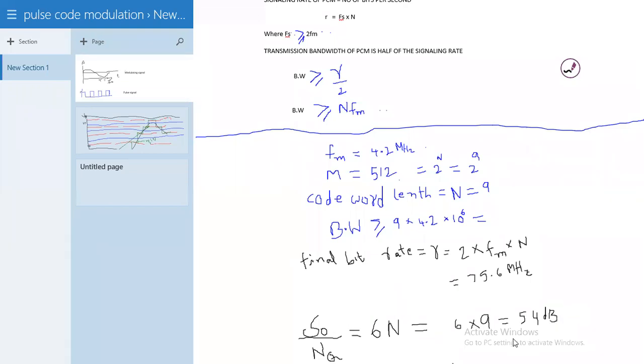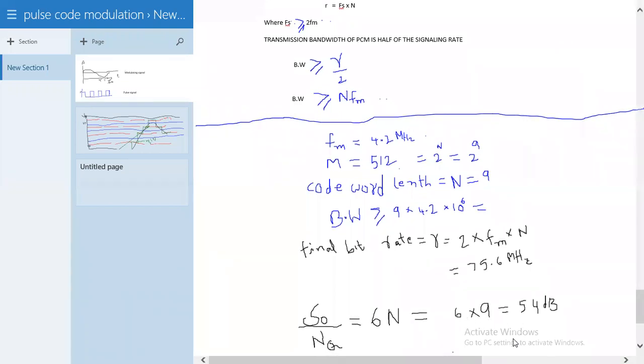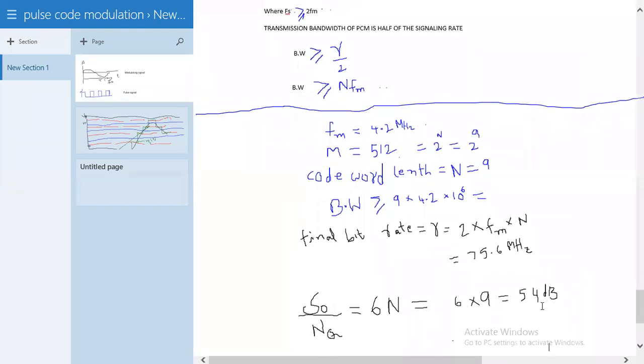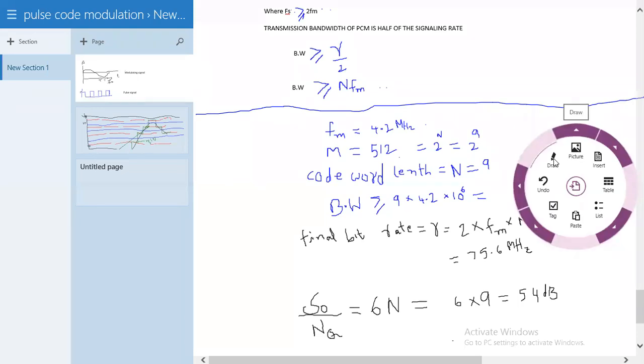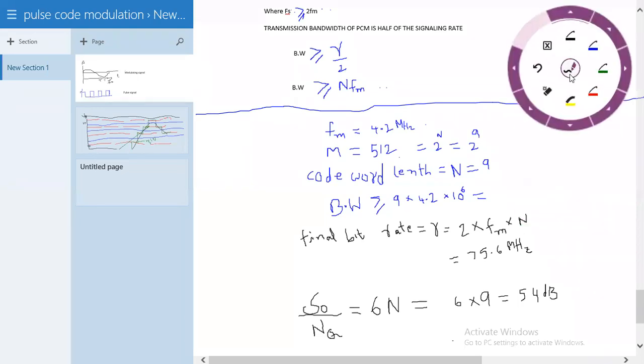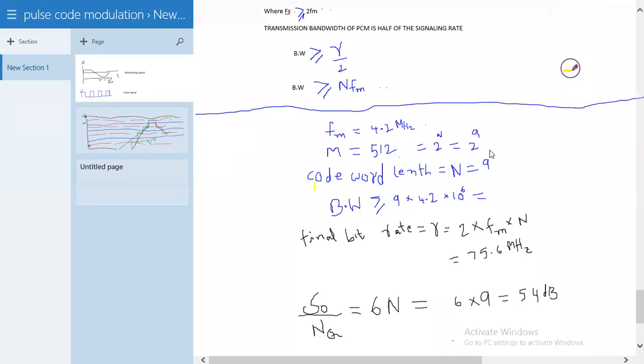Okay. Like that, here you can find out the parameters. What are the important parameters here in this PCM system? The problems all are related to calculating the transmission bandwidth. So code word length, bandwidth parameters important. Final bit rate.